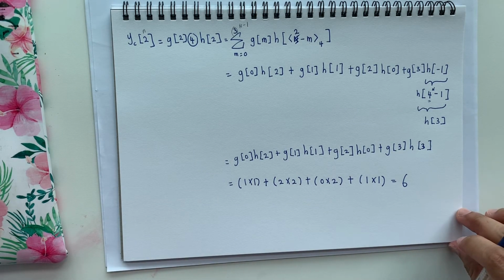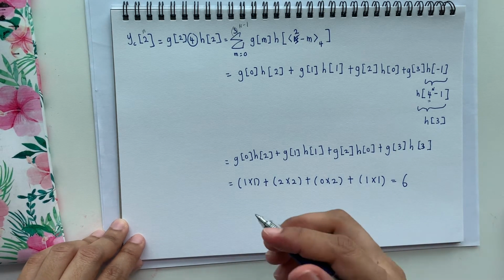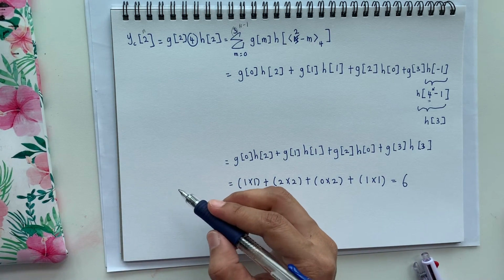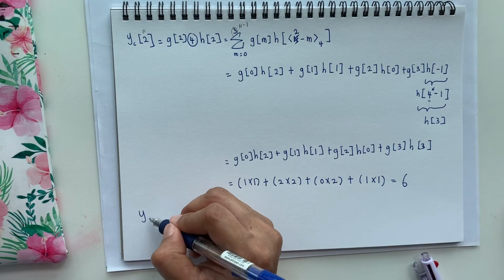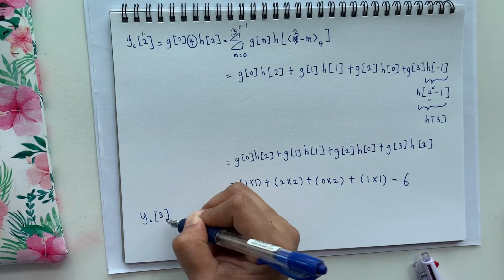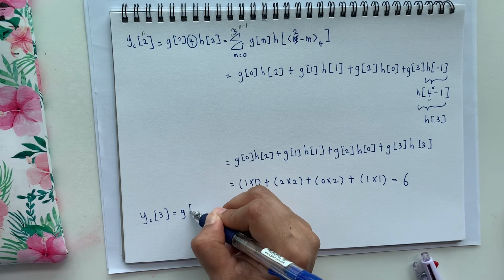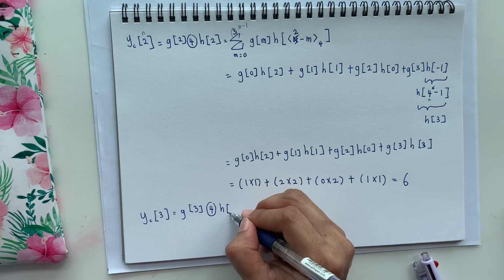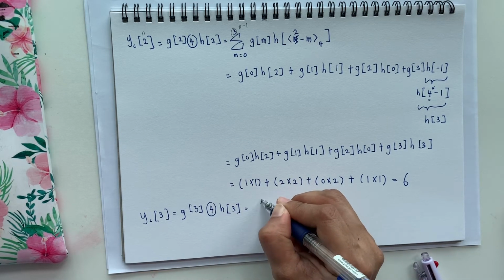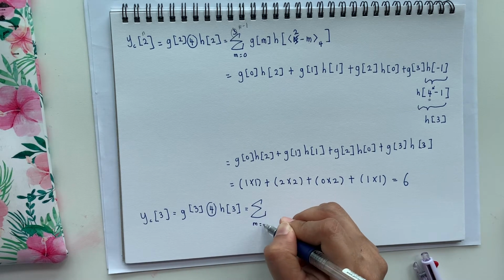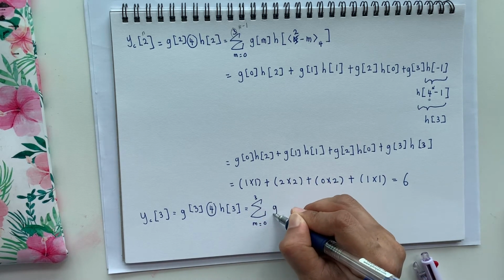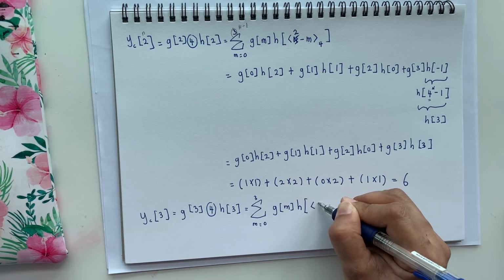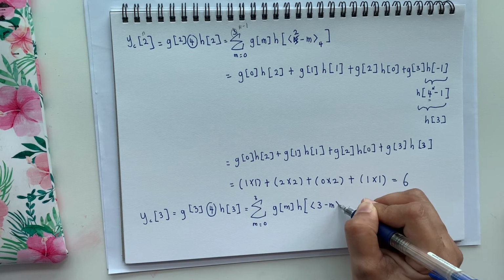This is for YC2. Okay, same goes to YC3. So in YC3, same thing. Okay, you have G3 circular convolution and then H3. So you will have m from 0 to 3, Gm, H3 minus m, 4.